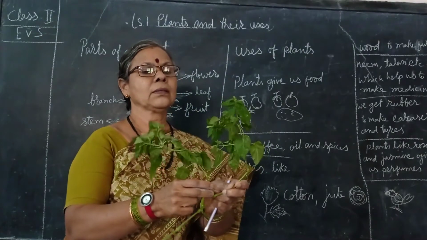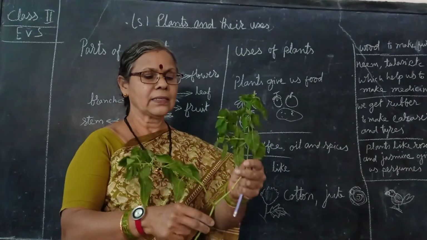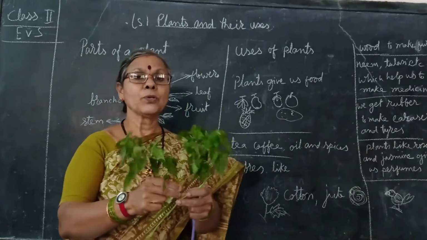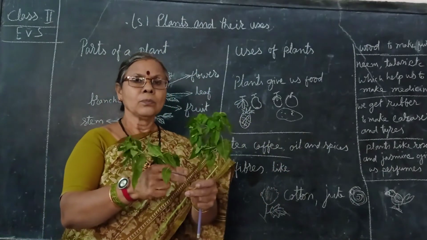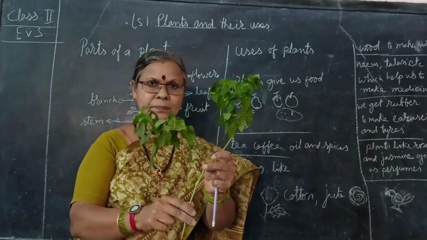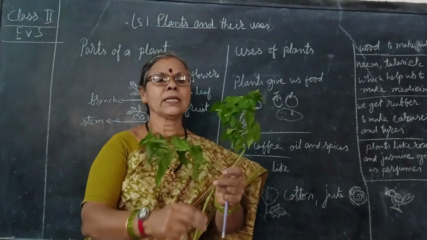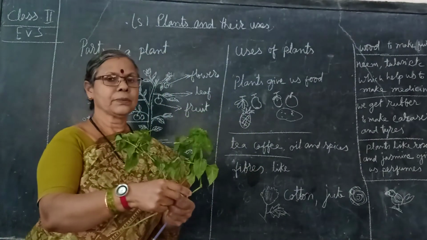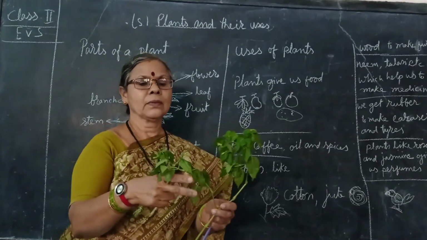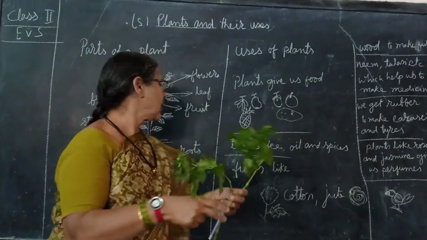All the leaves are green in color, and because this is a delicate flowering plant, the stem is thin and delicate, that's why it is bushy. This plant comes under the shrubs.